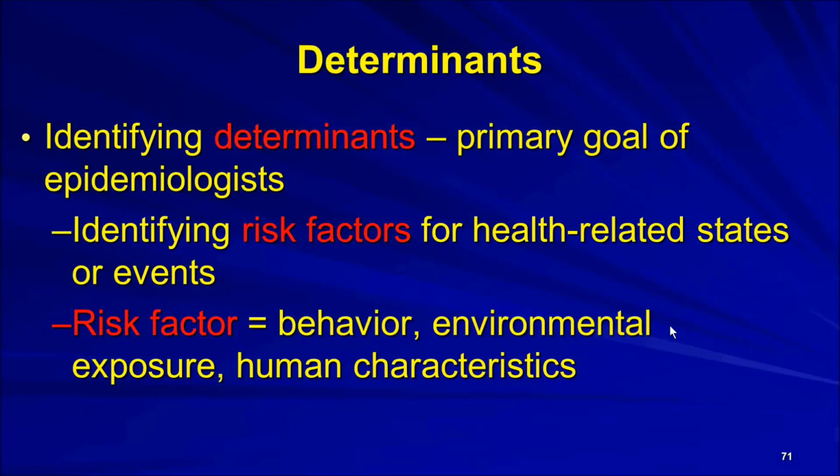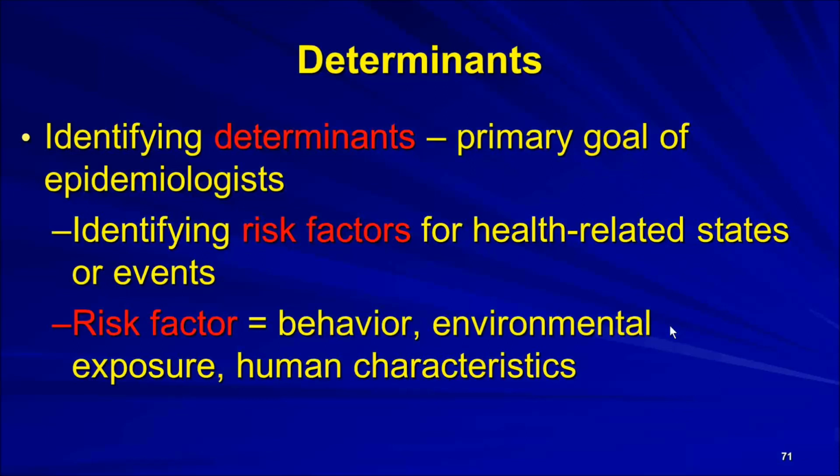Not all of these factors in red always appear together, but for the sake of what we're trying to learn, we're trying to identify determinants. That's a primary goal. Then we're trying to identify risk factors. That's the second thing we're looking at.